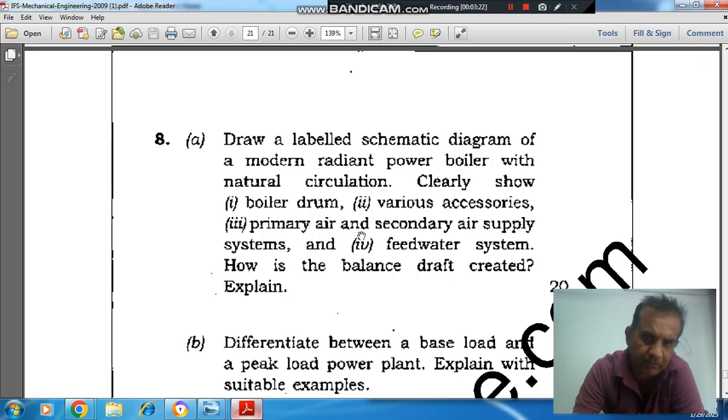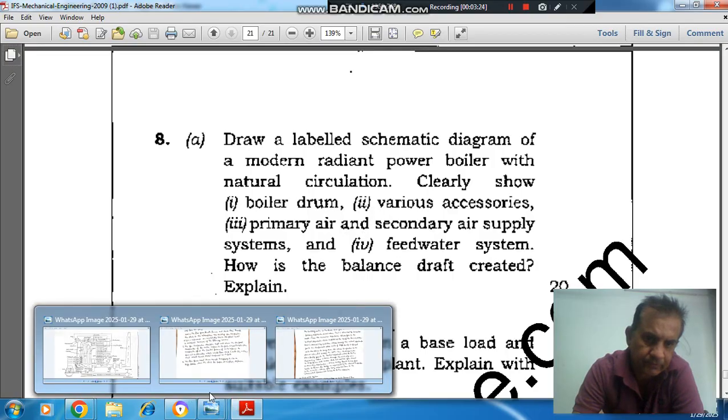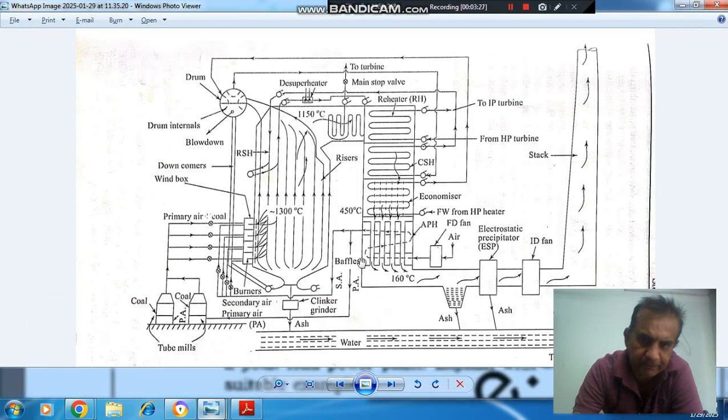Now the third part is primary air and secondary air. Here in the diagram, air is drawn in like this. Some air is extracted, which is called primary air. It is used to dry the coal. The rest is secondary air, which is supplied to the coal to burn it. So this is the primary air carrying coal, and the secondary air reaches it and it is burned here.